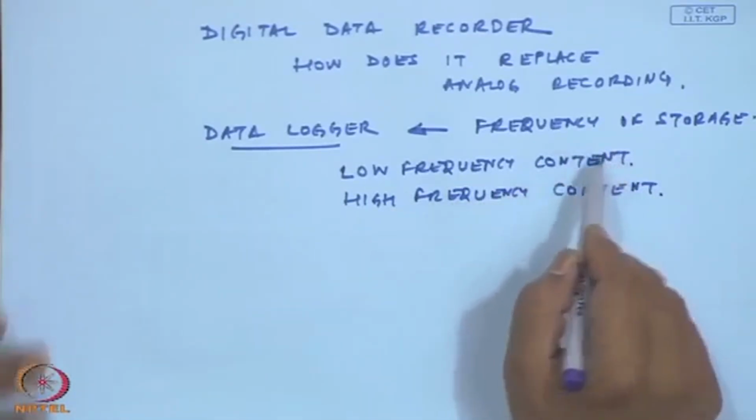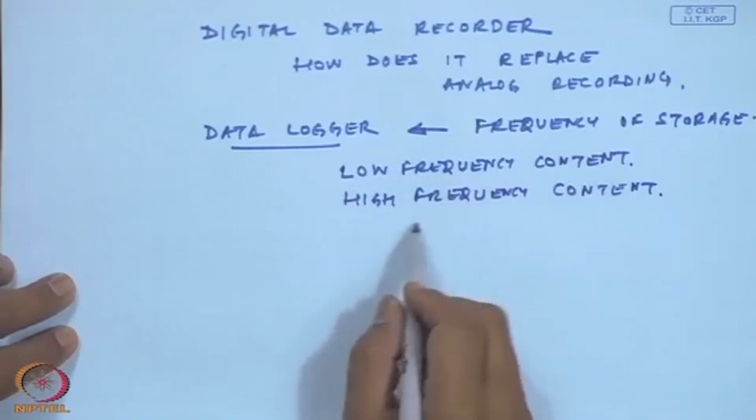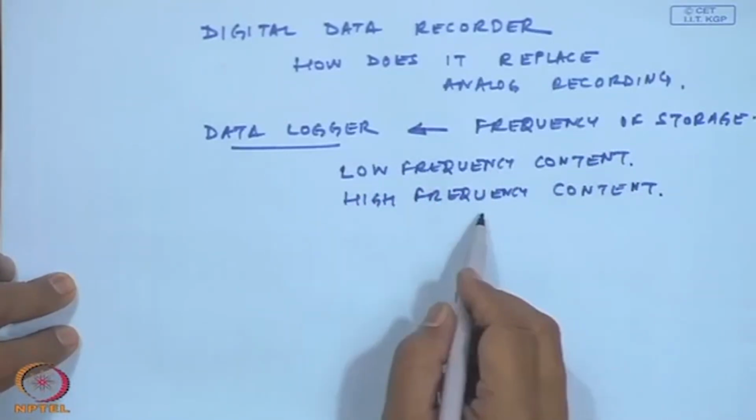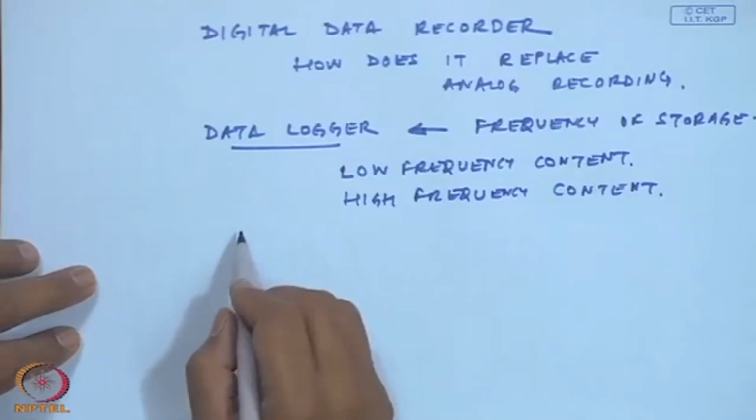So, depending on my interest, low frequency content could be sampled at a low frequency, high frequency content could be sampled at a higher frequency.